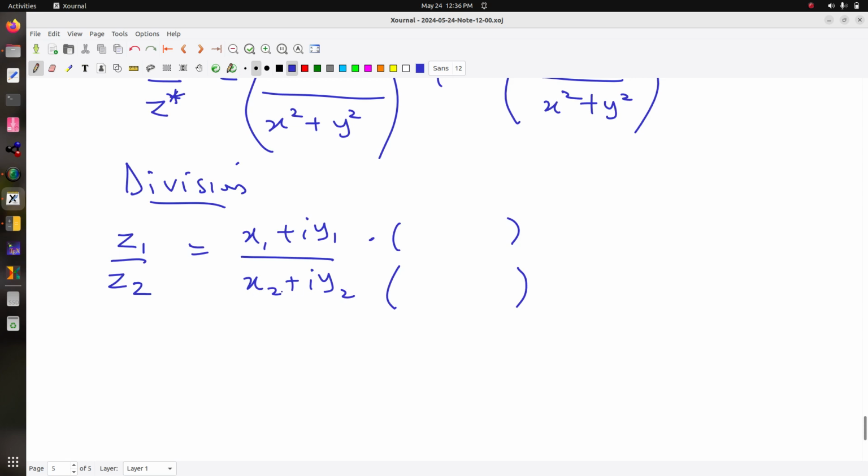The complex conjugate of the denominator is x2 minus i y2.